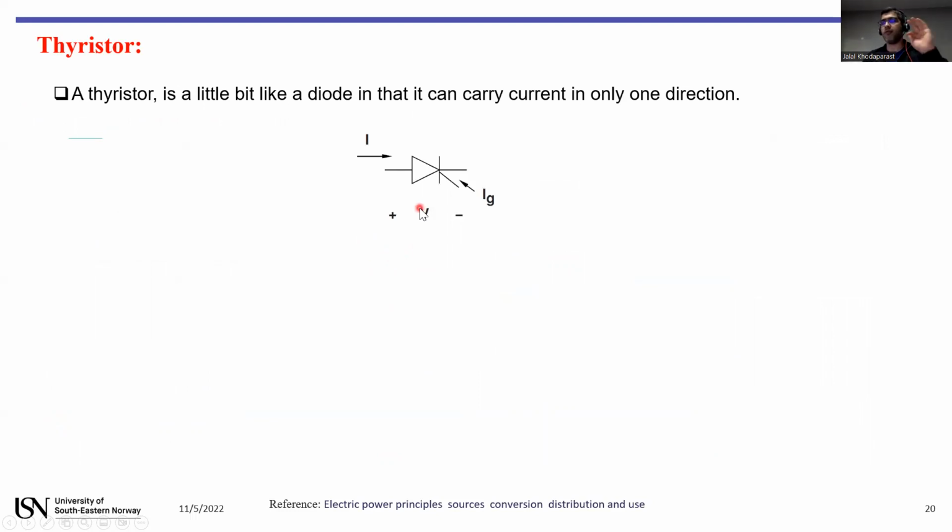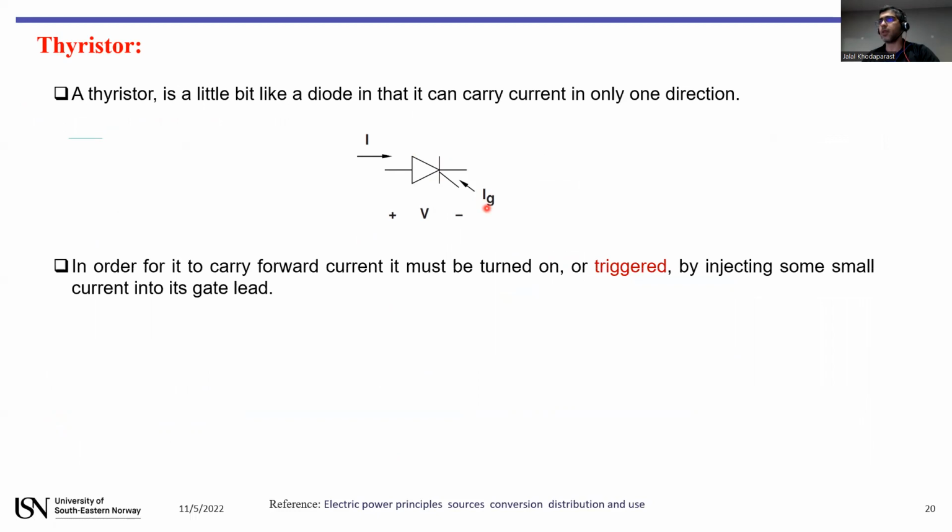We have 3 terminals instead of 2 terminals: anode, cathode, and the gate. Gate provides the control capability for thyristor. In order to carry the forward current, it must be turned on or triggered by injecting a small current into the gate. So some things are similar to the diode.